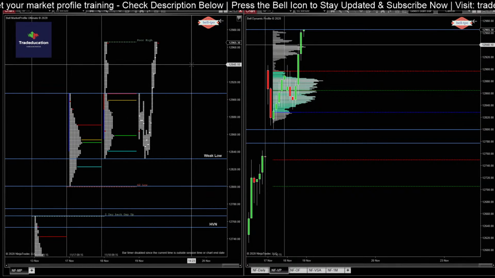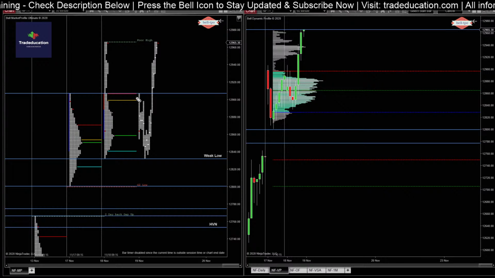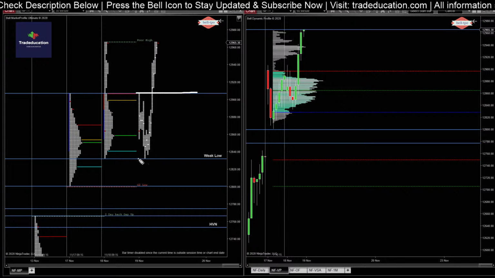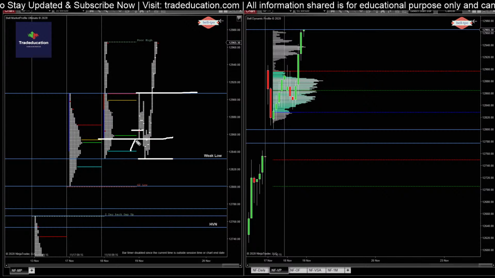Here, some of the things which I would like to share, if we study the overall structure: if we study this balance, this is where the auction opened, and it got rejected around the halfback. This was one data point which I shared yesterday during the live session.